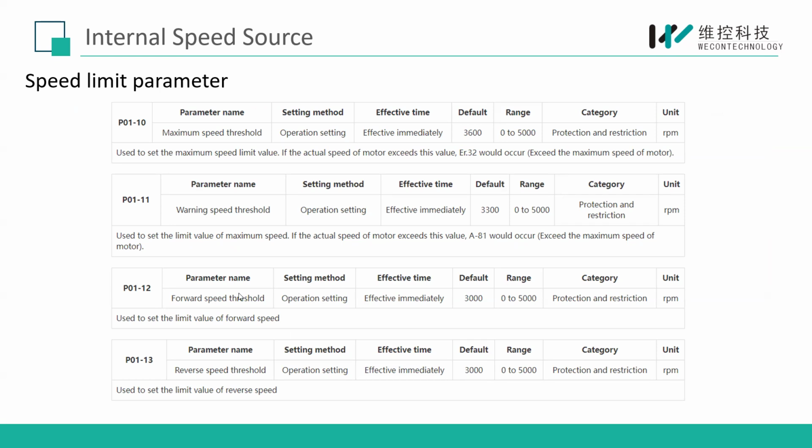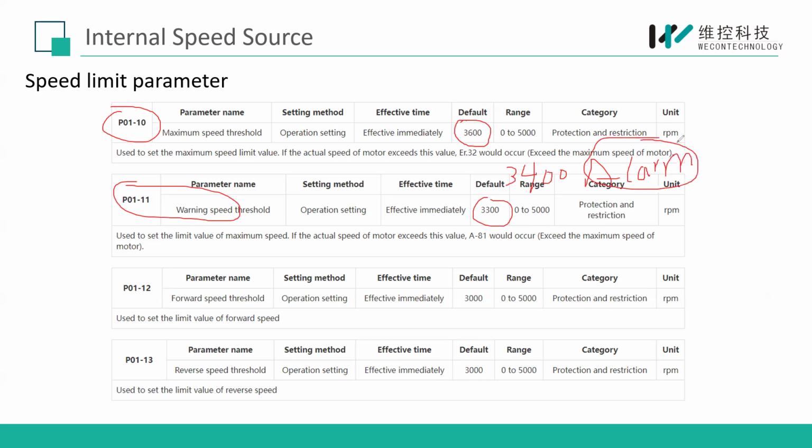Okay, so here are some limit parameters about our speed mode. The first two are the max speed limit and the warning speed limit. You can see the default values. So when the speed is, for example, 3,400, our driver will give an alarm, but the motor will continue to run.